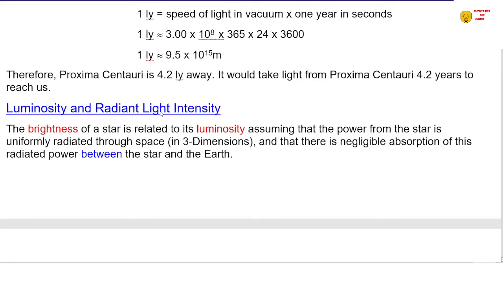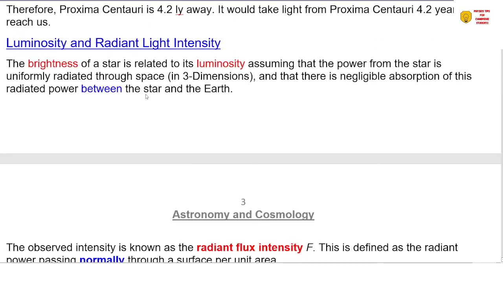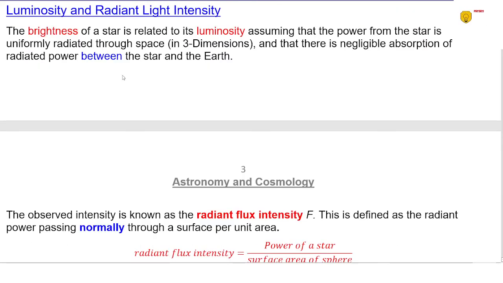Right. Now I'm going to talk about luminosity and radiant intensity. The brightness of a star is related to its luminosity, assuming that the power from the star is uniformly radiated through space. And remember, this power is being radiated in all directions, so it forms a sort of spherical view in 3 dimensions.